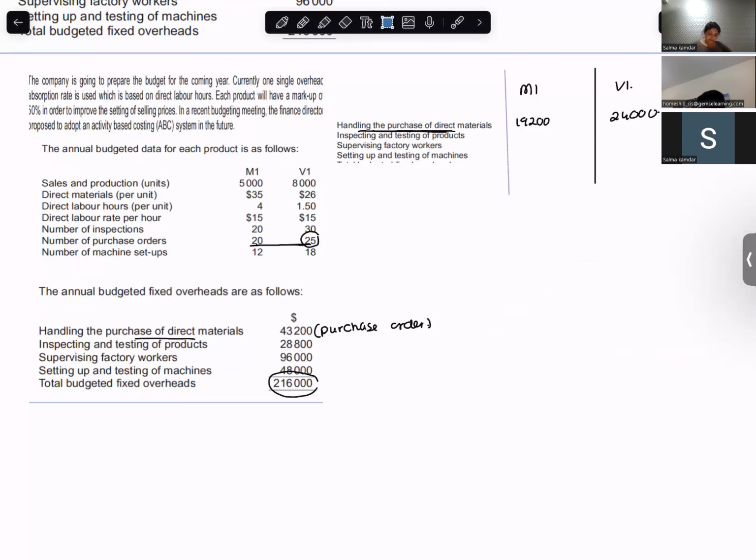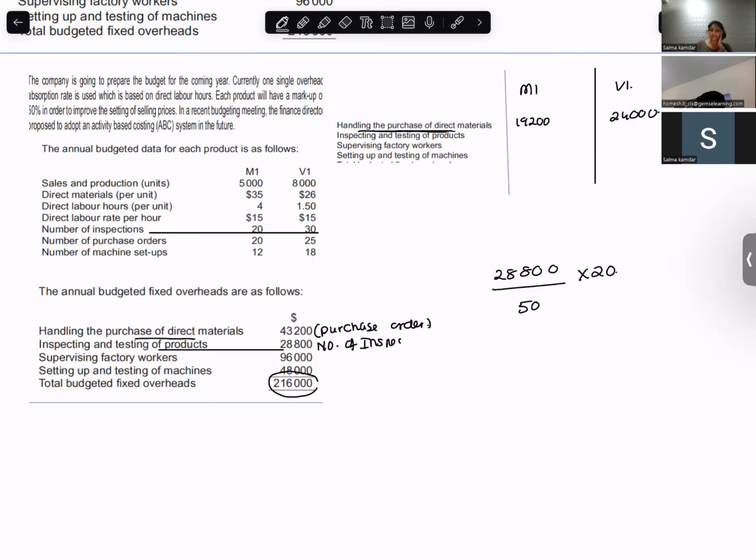Now, inspecting and testing of the products. The cost driver for this would be the number of inspections. So you have 28,800, divided by 50.